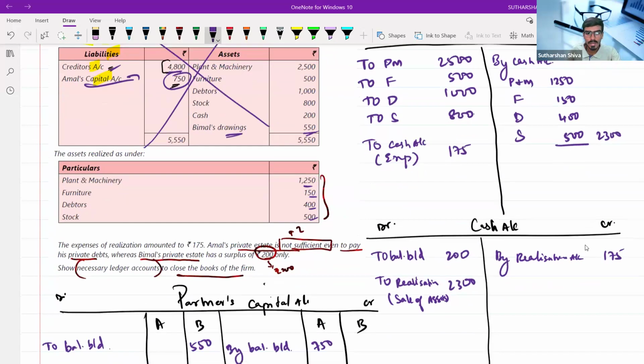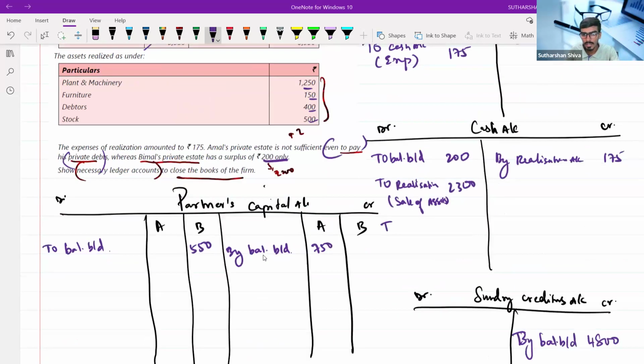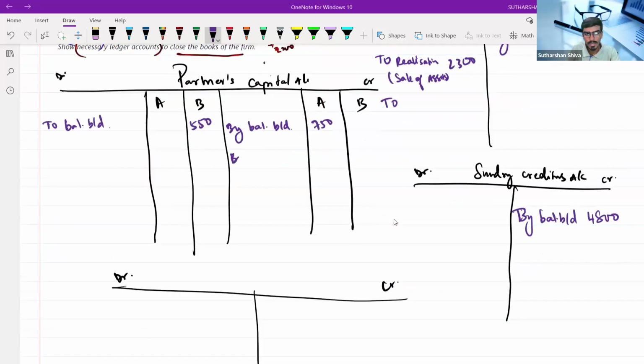Okay, and they said Amal's private estate is not even enough to pay his private debts, other than partnership firm debts. So he becomes insolvent. Whereas Bimal's private estate has a surplus of 200. That 200 he will bring to the firm, right? So we will post an entry in the partner's capital, by bank account.